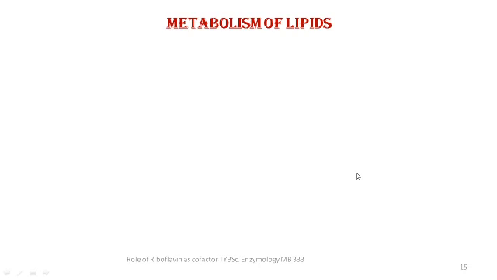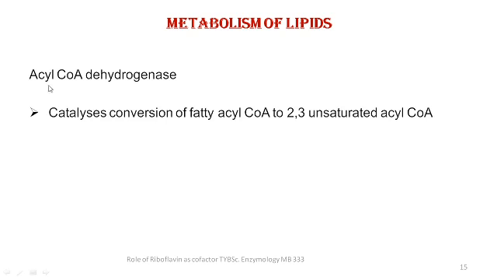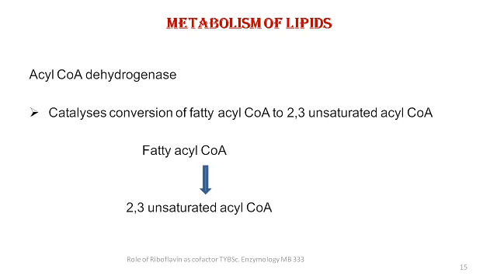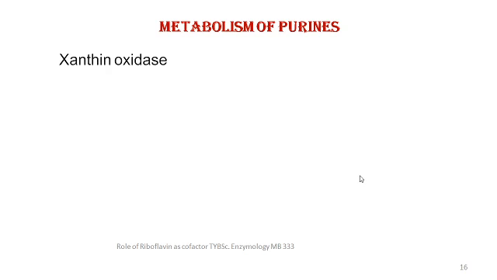In the metabolism of lipids also, FAD plays an important role as a cofactor of the enzymes involved. Acyl-CoA dehydrogenase is an important enzyme in lipid metabolism, which catalyzes the conversion of fatty acyl-CoA to 2,3 unsaturated acyl-CoA, wherein FAD is reduced to FADH2.